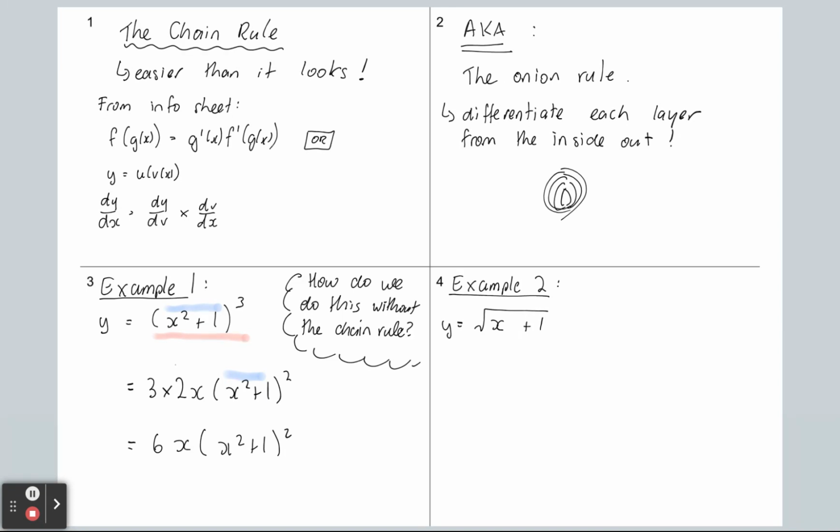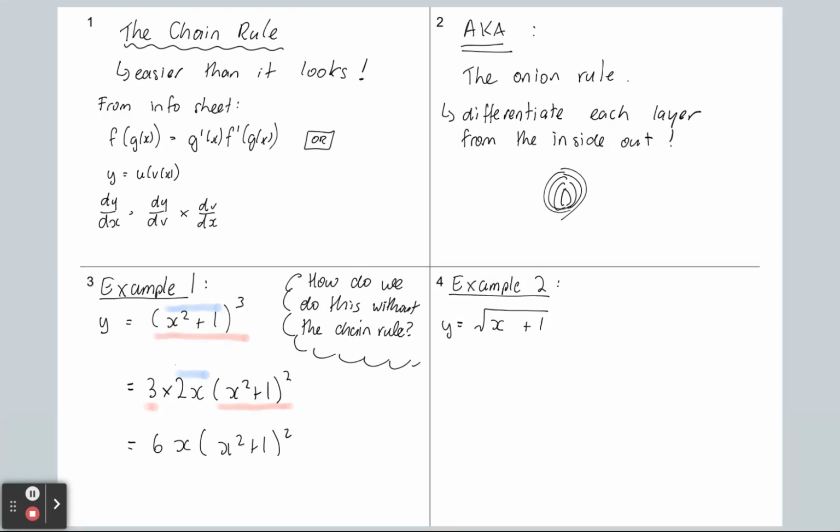Okay, so what I'm doing here is I'm just highlighting what those colours are. So the differentiation of x squared becomes 2x, there it is there, and then the differentiation of the whole thing to the power of 3 is found there and there, like so. And then the last one is simplification.